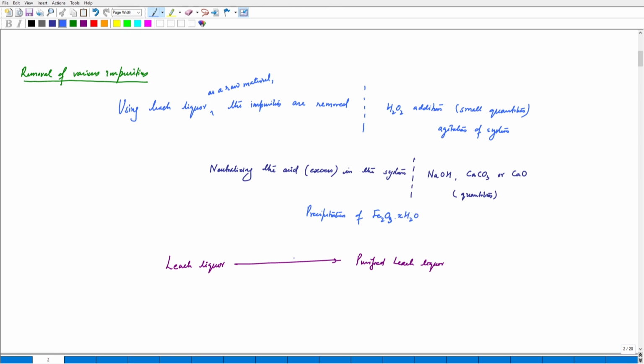So essentially speaking, we have removal of impurities as precipitates. And as an example, we can have iron rich phases. So when we are doing this, we are able to remove iron from the leach liquor.